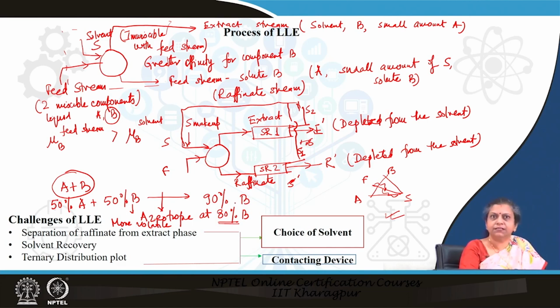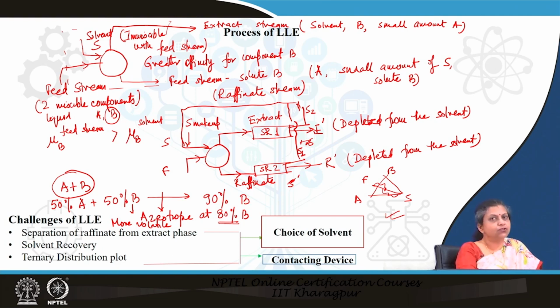So, there are certain things that we can do about it, which were told to you earlier. First thing is, we can add a third component which breaks the azeotrope. This is known as azeotropic or extractive distillation. It can also happen that we can change the pressure, and on changing the pressure, the azeotrope can be eliminated.